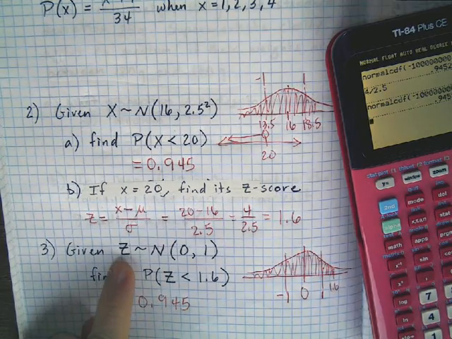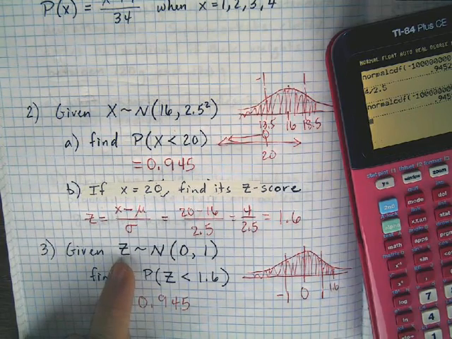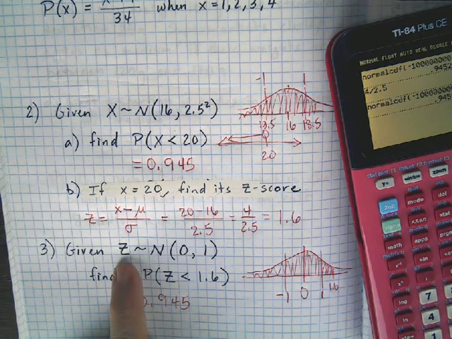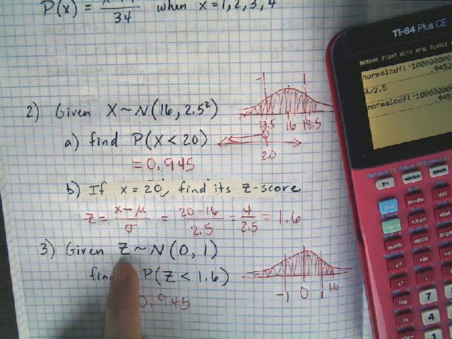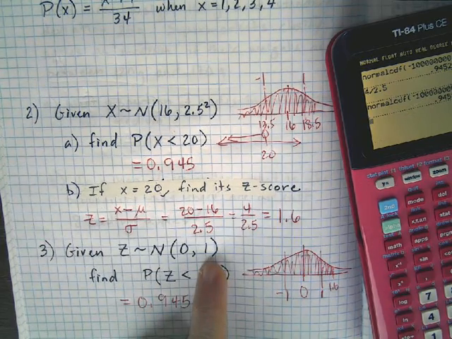Notice I even used the letter z. What's the probability that a z-score will be 1.6? When you're talking about z-scores, the mean of z-scores is 0, because z means the distance from the mean in standard deviations. If you're on the mean, the z-score is 0, so the mean of z-scores is 0, and the standard deviation is 1.